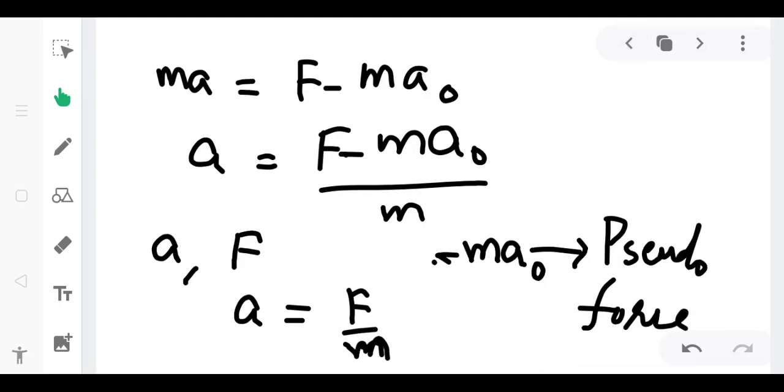Here the pseudo force is minus m a naught, that quantity is called a pseudo force, right?